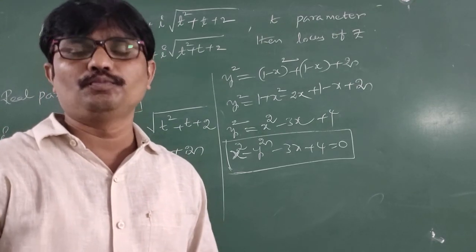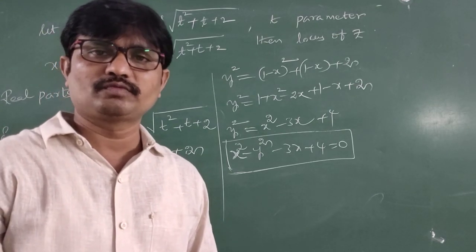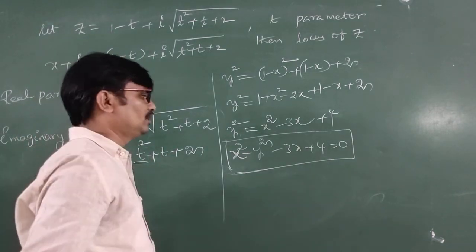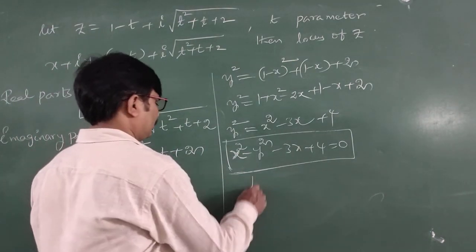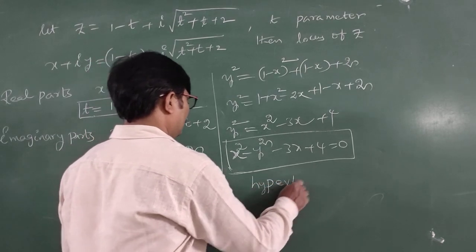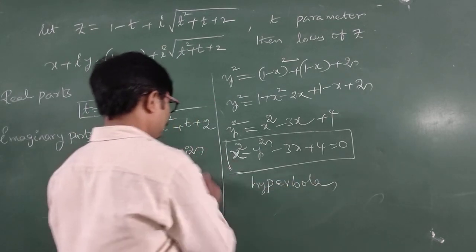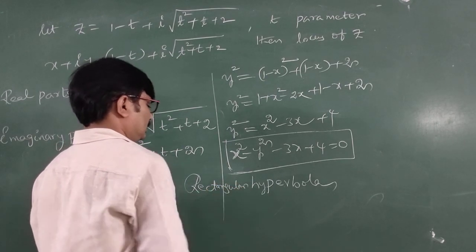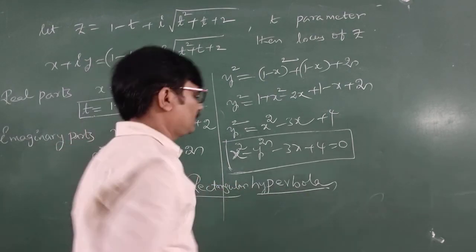When a = b, then x square - y square = a square, which is called a rectangular hyperbola. So the locus of z is a rectangular hyperbola.